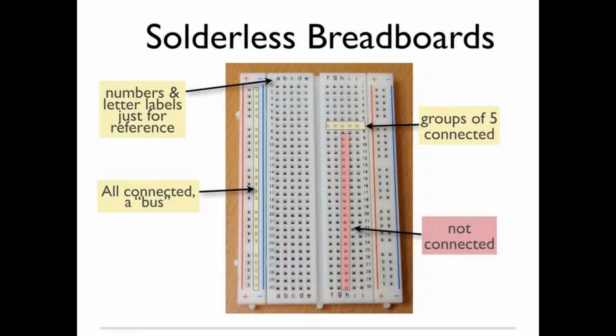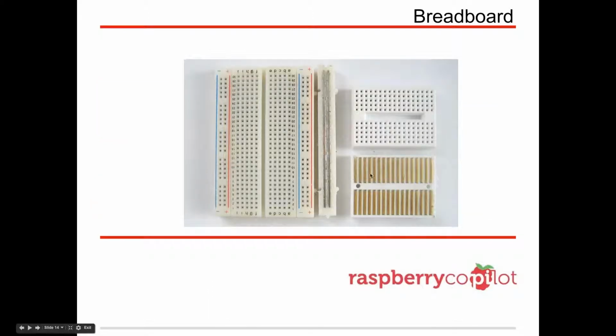Okay. Now, the power runs in two different ways. Rails will run up and down, and then on the inside, these will run left to right. Okay, so it's something to be aware of when you're plugging them in, how you can connect your power. Here's another way of looking at this.